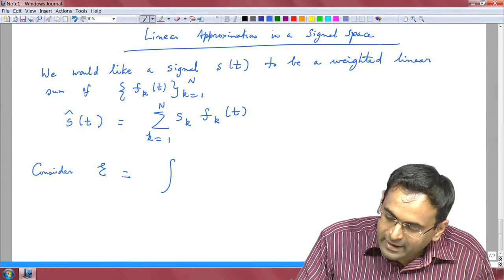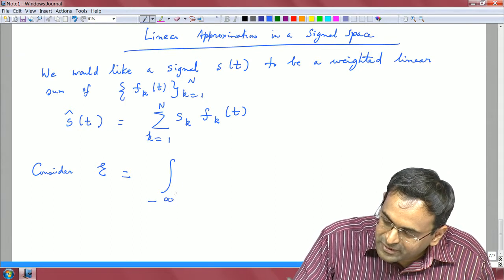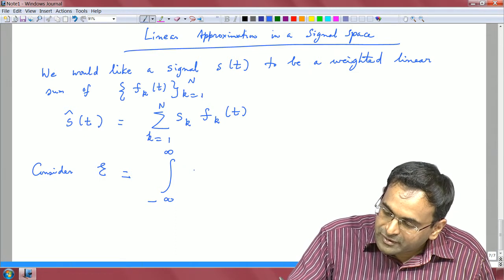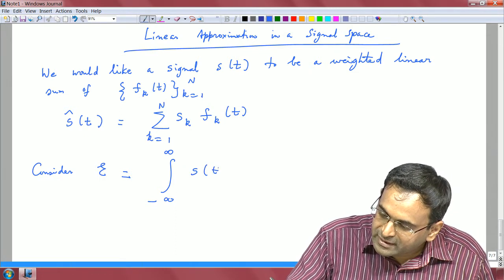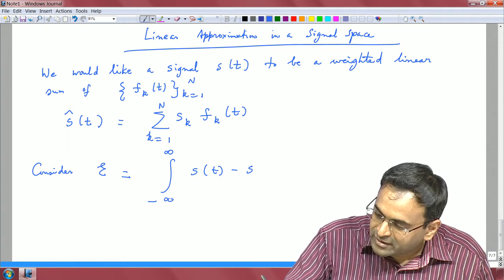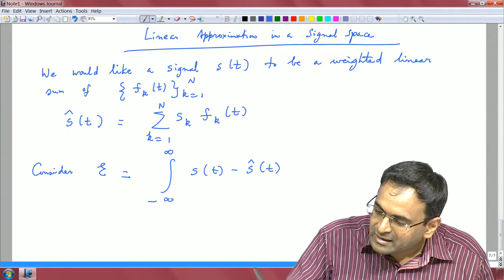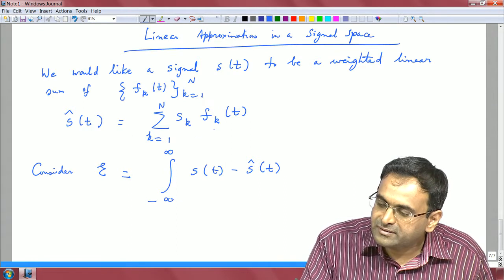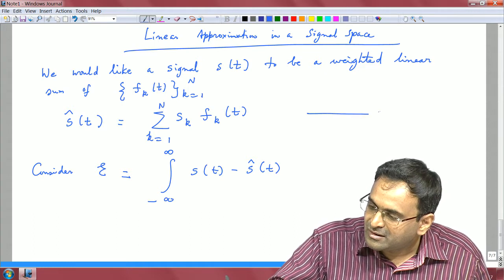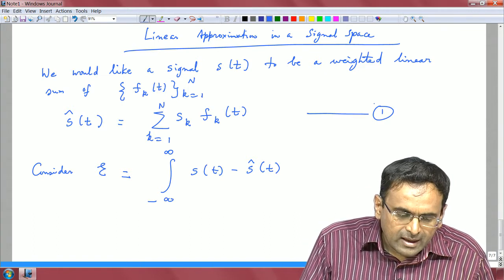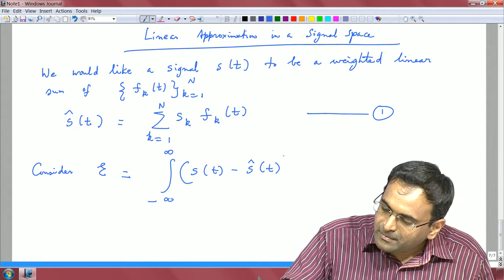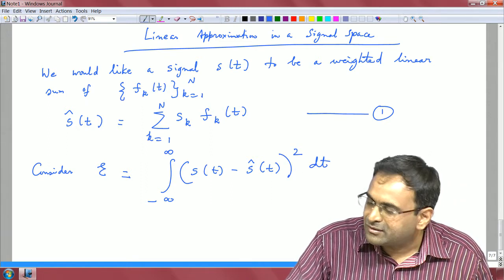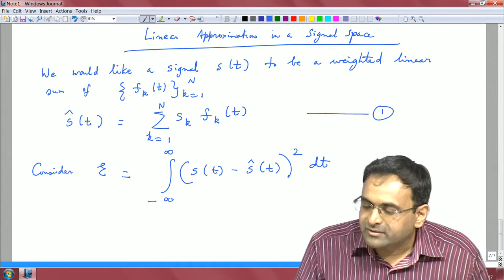So, the square error is basically from looking at the error of the signal, which is basically S of t is my original signal, S hat of t is my linear approximation to this signal in terms of these basis functions, right, and I want to take the square deviation, integrate this signal from minus infinity to plus infinity.